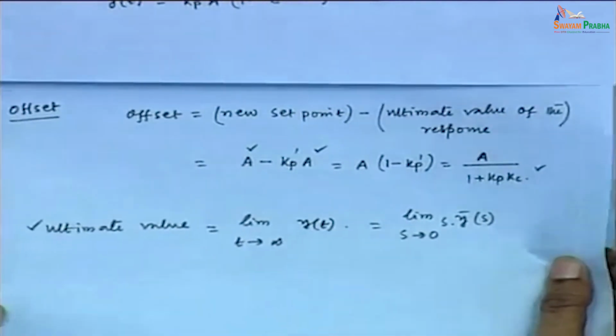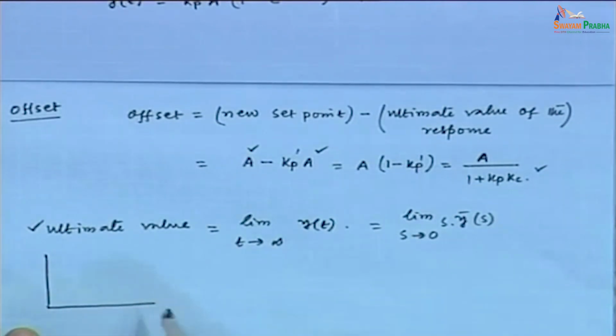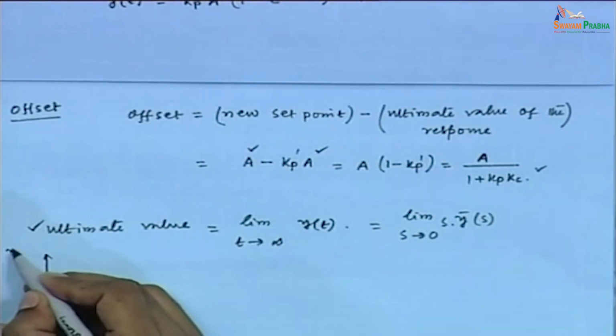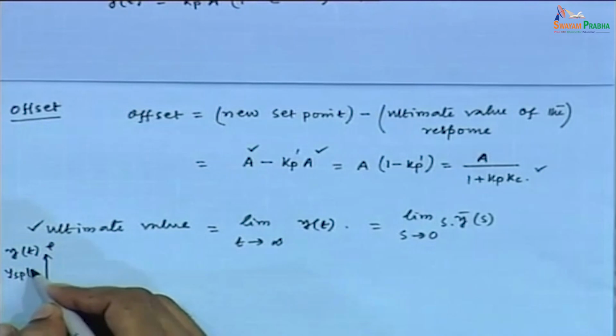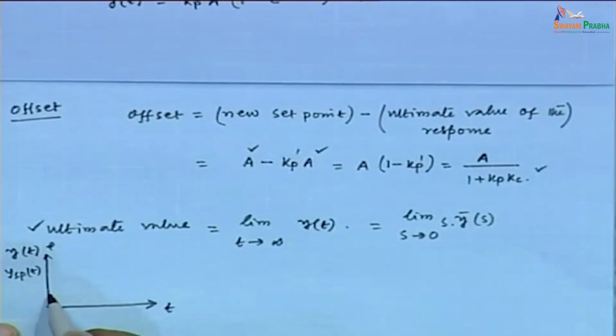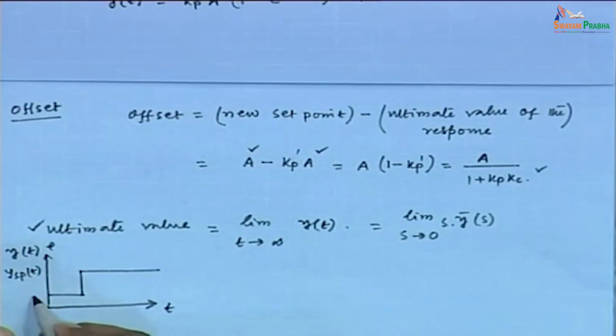So, if we produce the plot in terms of transient response, y and y set point t. Now, we are introducing a step change in y set point. Initially it was 0. Now, we are giving a change in y set point. This is A at time t equals 0.